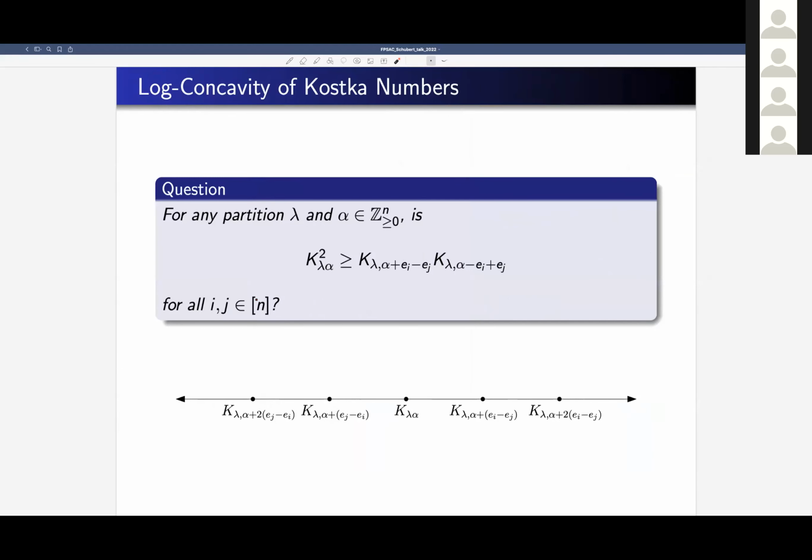And so rephrased in terms of the log concavity of Kostka numbers, it's this inequality where lambda is fixed and we are varying the weight in the root directions. And so I just want to take a short detour here to Littlewood-Richardson coefficients. I don't want to dwell on them as they're not the main aspect here, but they tie in nicely.